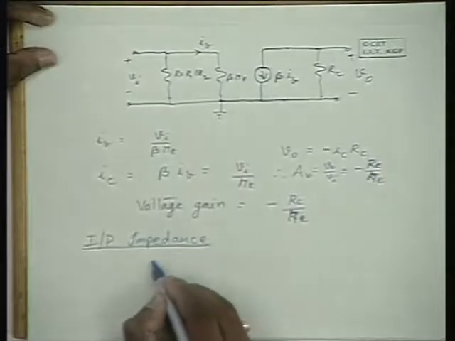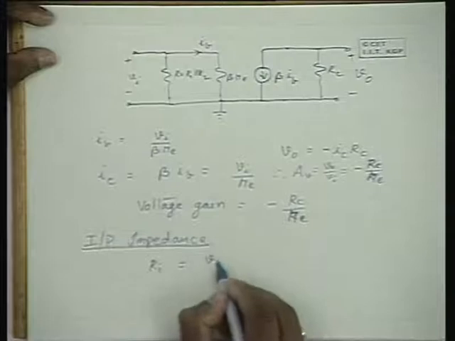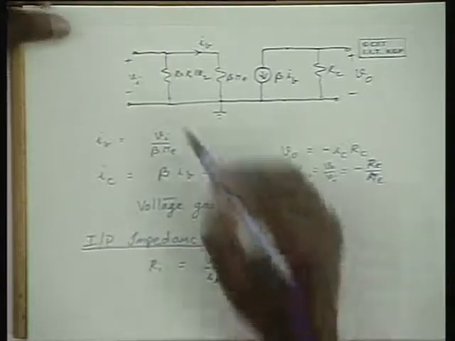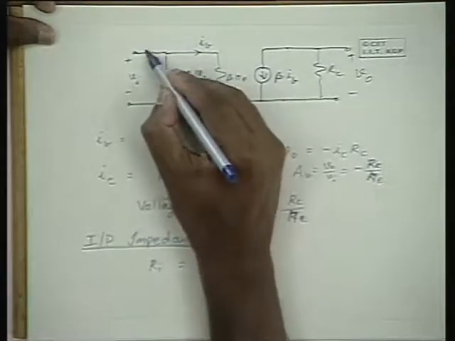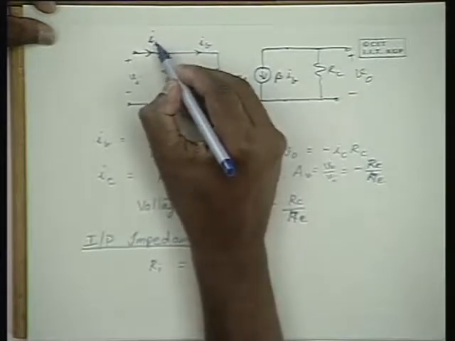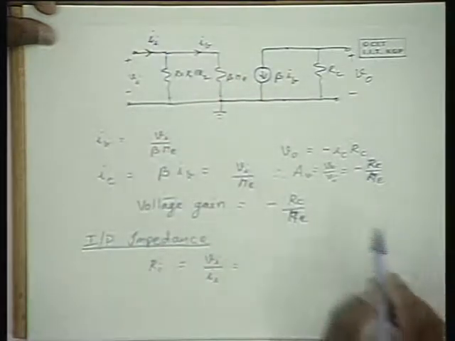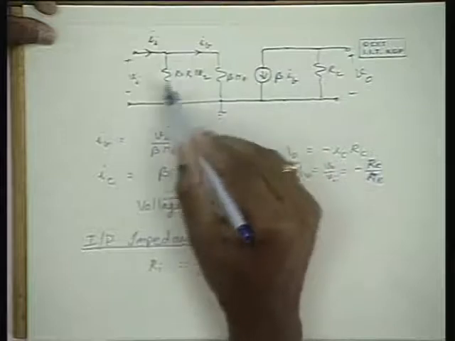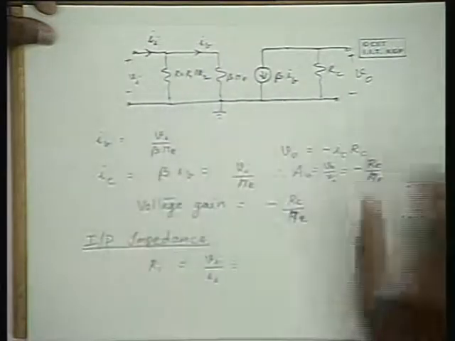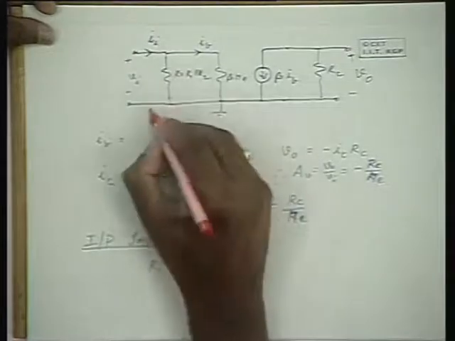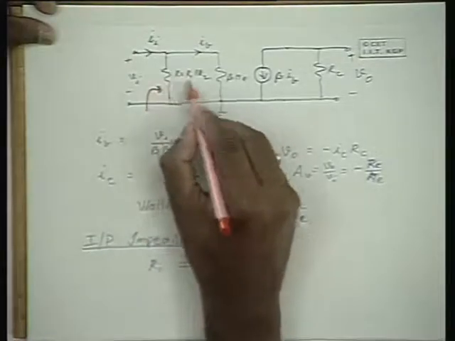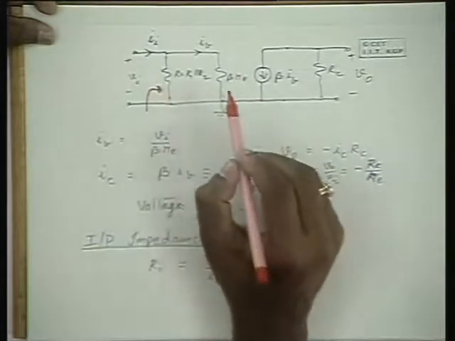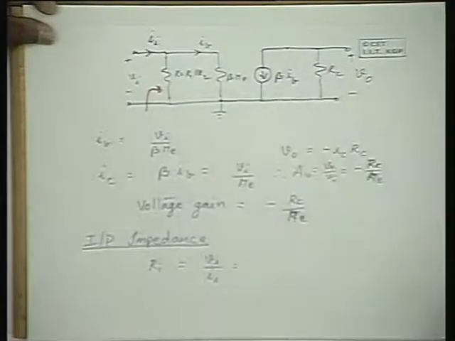The input impedance, as we have defined earlier, is given by Vi by Ii, that means the input voltage applied across the input terminals divided by the current drawn by the circuit from the supply. Please note that this voltage and the current are related by this resistance. Therefore, the input resistance is this resistance R in parallel with beta re, that means R1 in parallel with R2 in parallel with beta re.